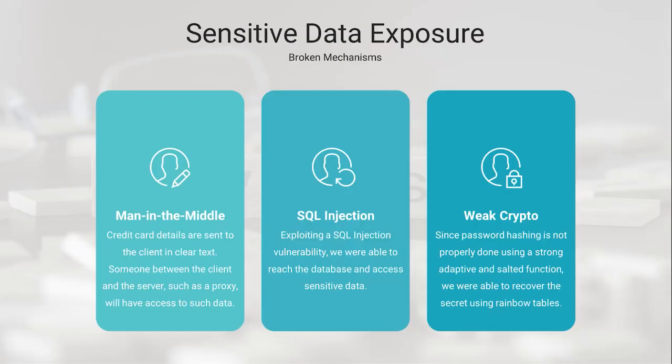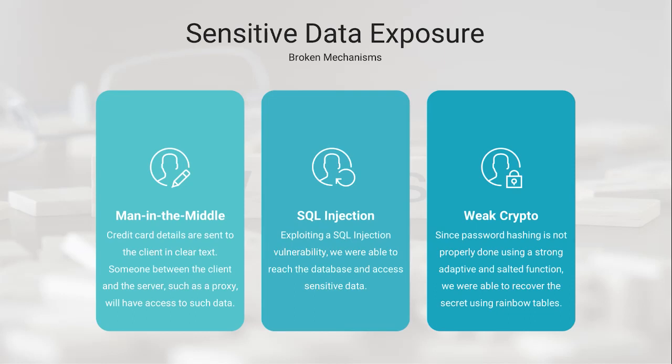First, we saw that although credit card data appears masked on the screen, it is sent in clear text from the server to the client. Since the application does not implement HTTPS, someone between the client and the server, such as a proxy, will have access to that data. Exploiting a SQL injection flaw, we were able to retrieve arbitrary data from the database.